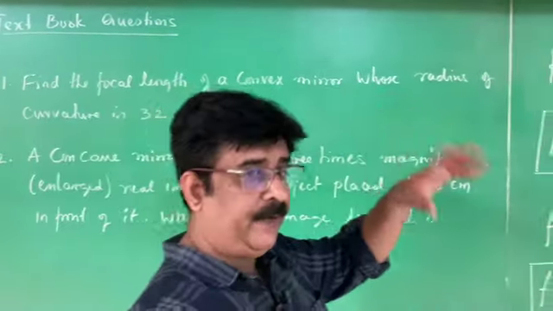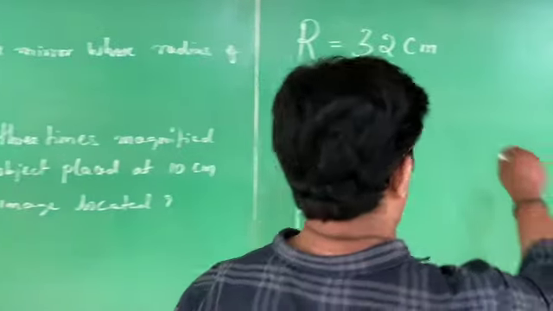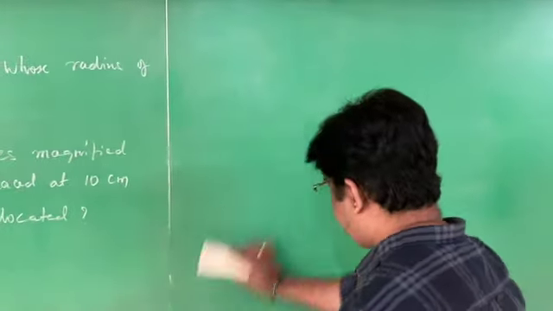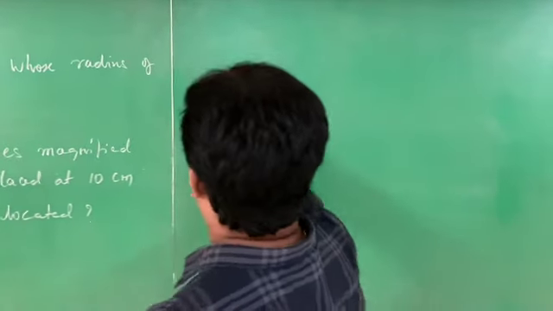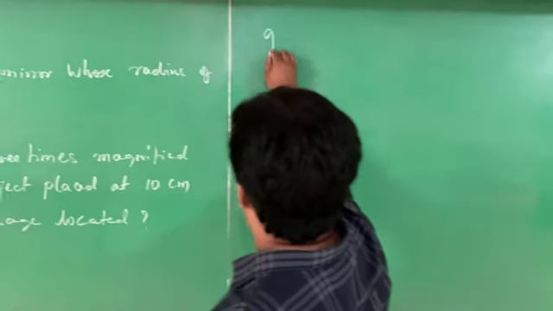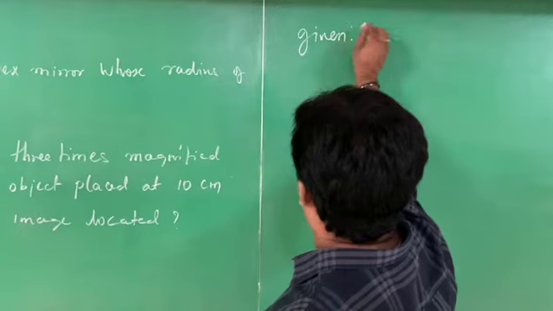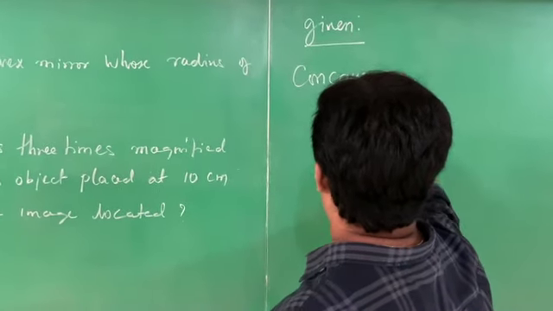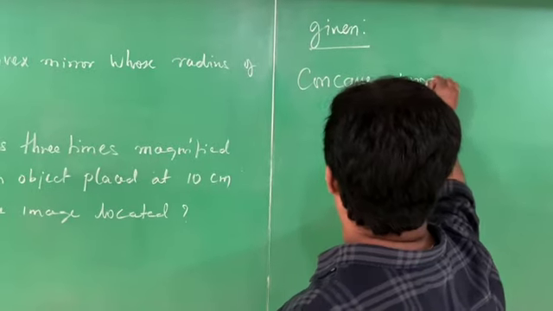See, now we need an approach for this particular lesson. I erase this. We write the data given. What is given? Concave mirror. This is also one of the data items.